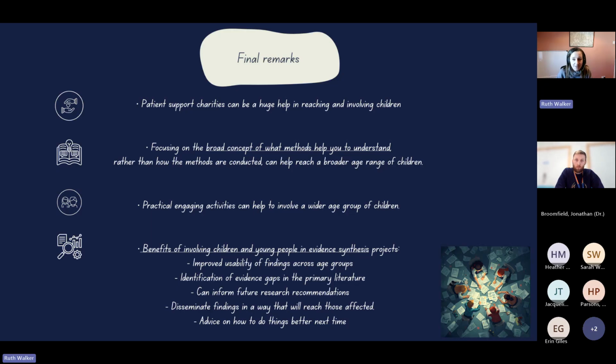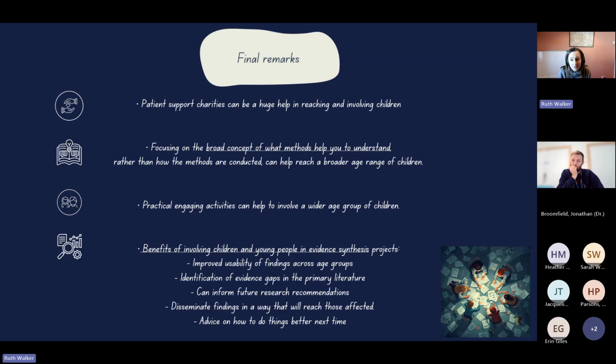So both within aggregate data synthesis and individual participant data synthesis, it can provide an additional opportunity to request these patient important outcomes. You can identify where the collection and reporting of outcomes is missing in primary studies, and even tailor the evidence synthesis methods you apply to help address the particular evidence gaps.